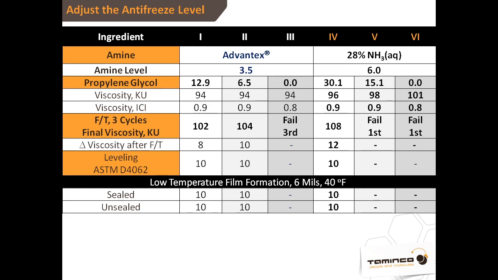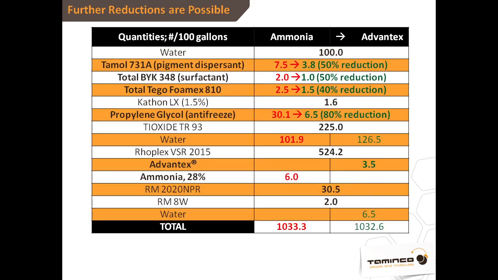Once we've determined the optimal level of propylene glycol in this paint, we can then go on and look at all the other additives, which we did, and I've shown a summary of the reductions that were possible here. We were able to reduce pigment dispersant, surfactant, and defoamer as well.